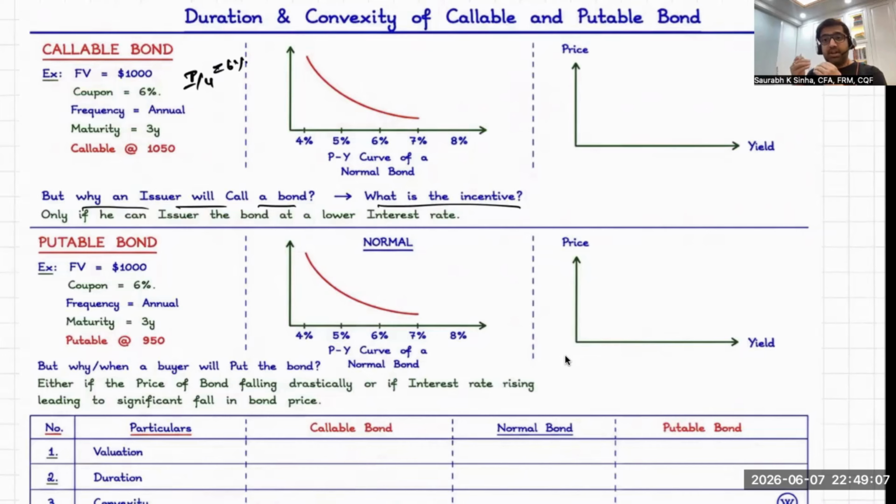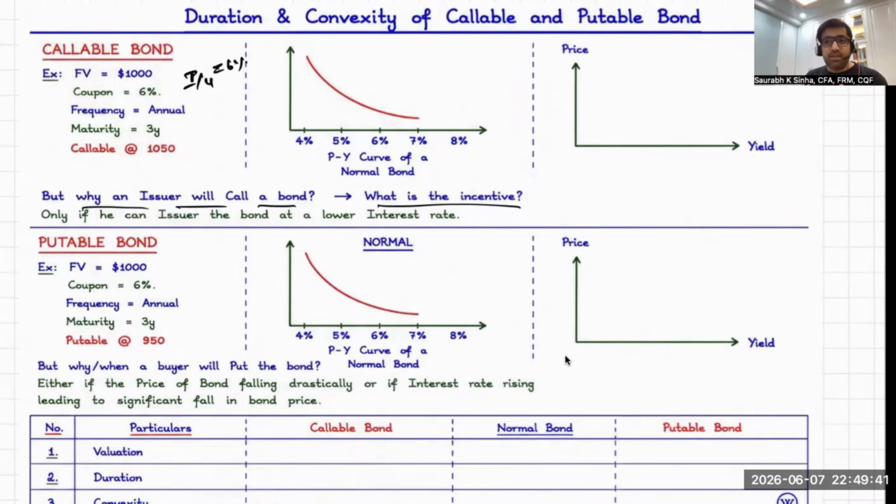So he has a liability to pay 6% of 1000 annually. But if in the market interest rate has fallen drastically, he can issue a bond with a lower interest rate or lower coupon, maybe 3%, 2%, 1%, 4%. So he can call the bond and now reissue the bond at a lower interest rate.